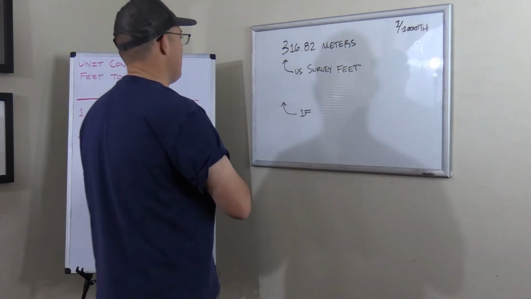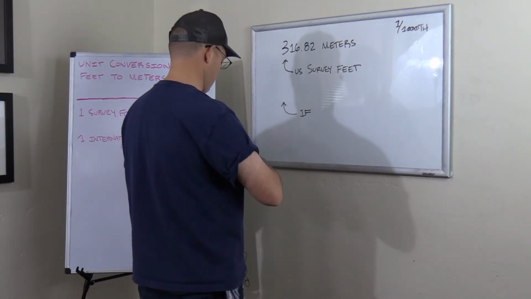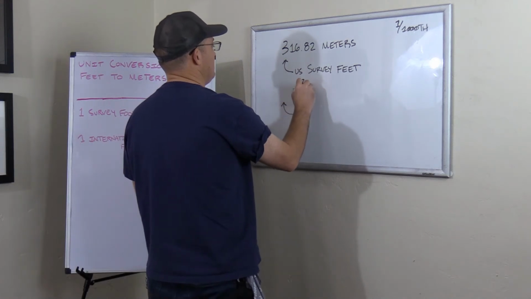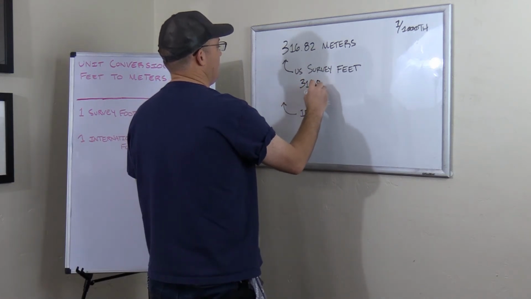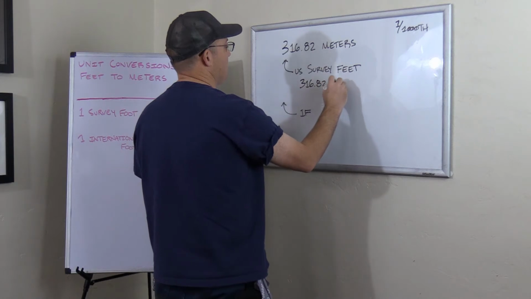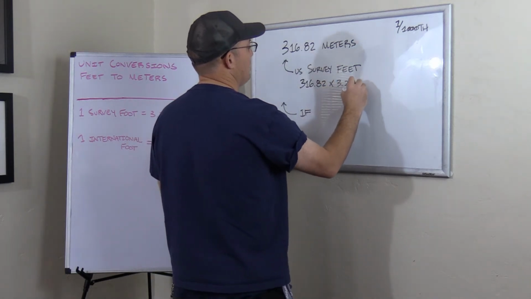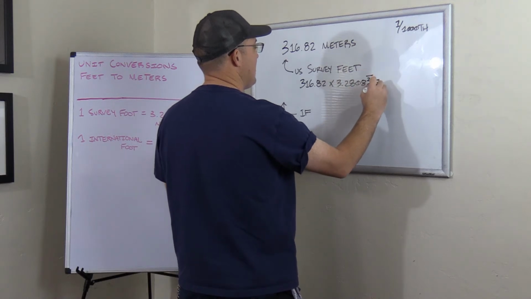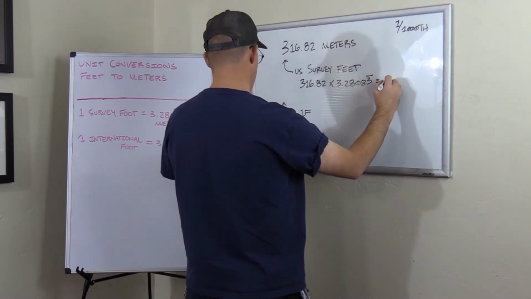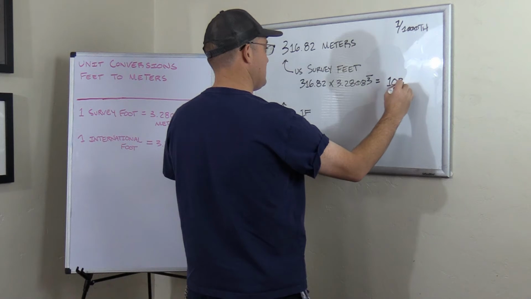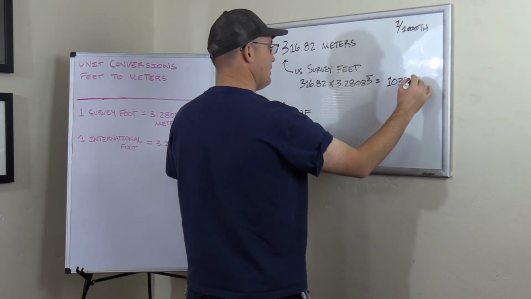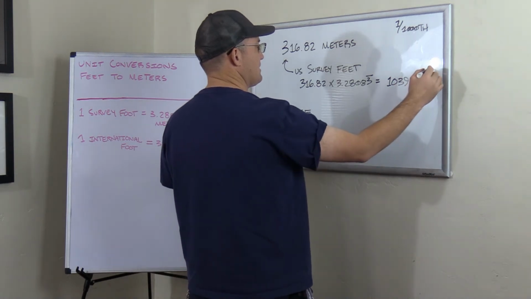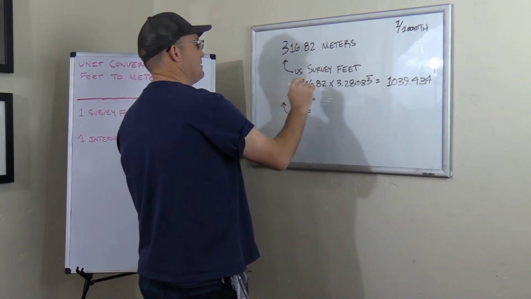Let me write this math out so you can see it. We take 316.82 and multiply it by 3.28083, and that gives us our answer, which is 1039.43, and then if I round, 434. That's in feet.